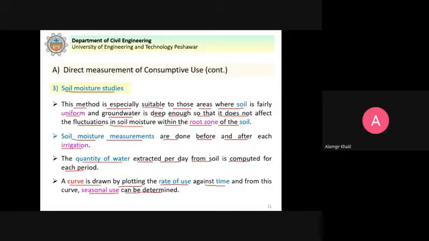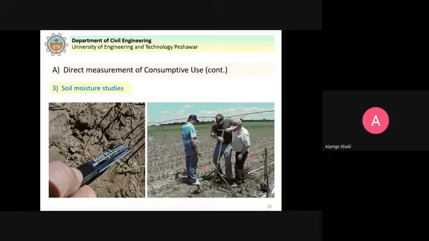So in soil moisture studies, we need to measure the soil moisture before and after irrigation.